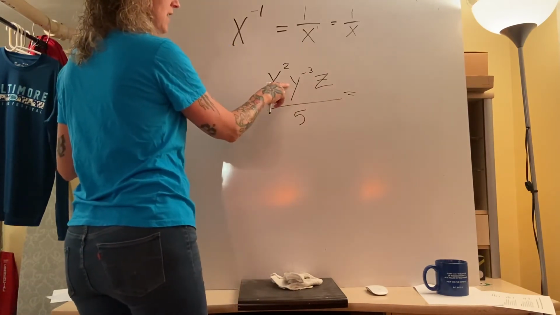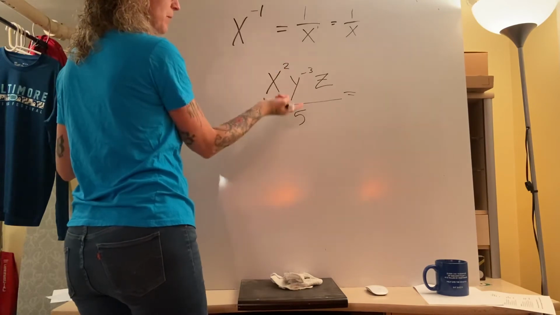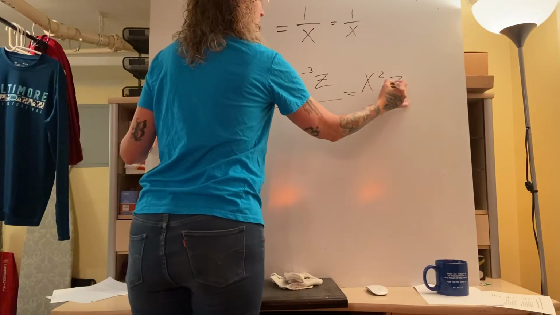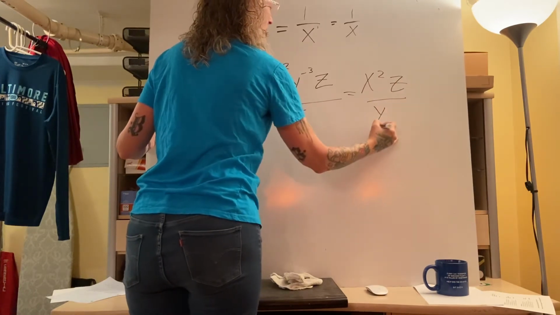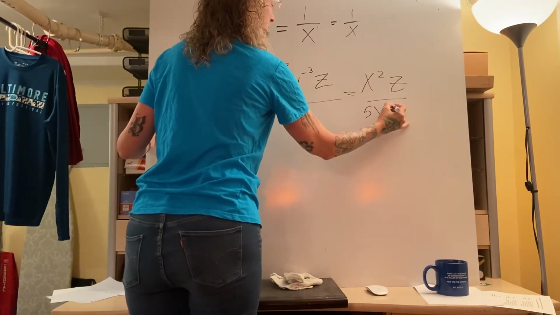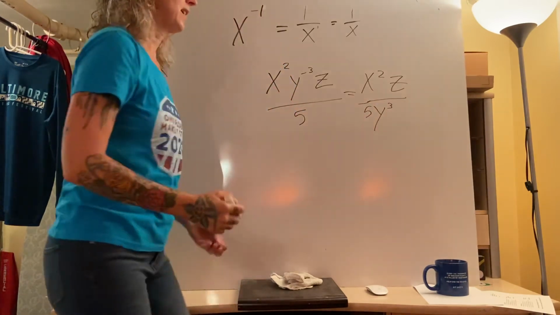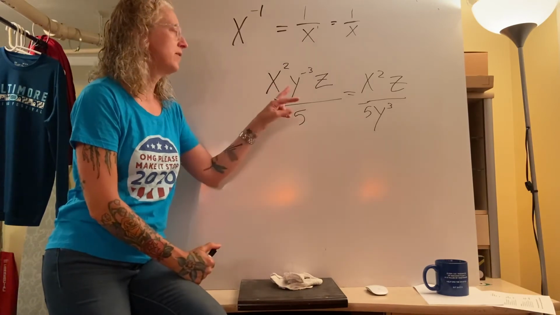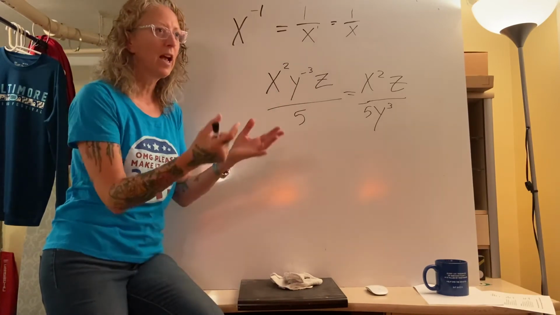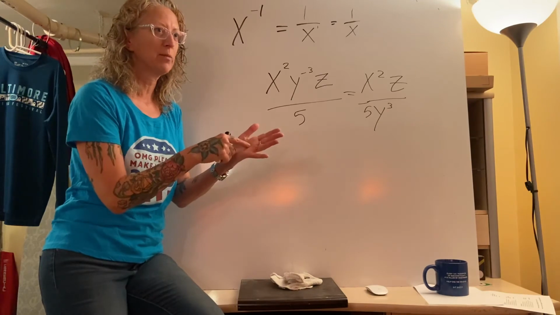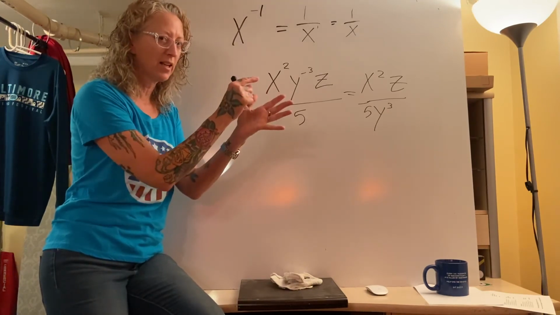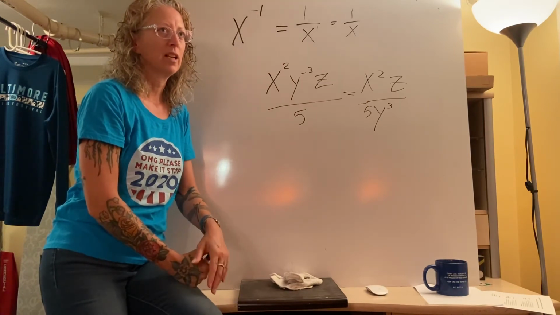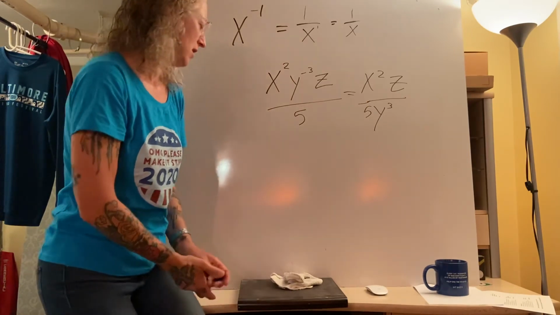So just this one piece flips over. So this is going to be x squared z over 5y to the third, right? Because we write the constant out front. So negative powers, you have to invert them. It just means the inverse. On your calculator, eventually you'll use the inverse button, and the inverse is just x raised to the negative 1 because that means inverse. It happens, I think, in trig and algebra 2 also.